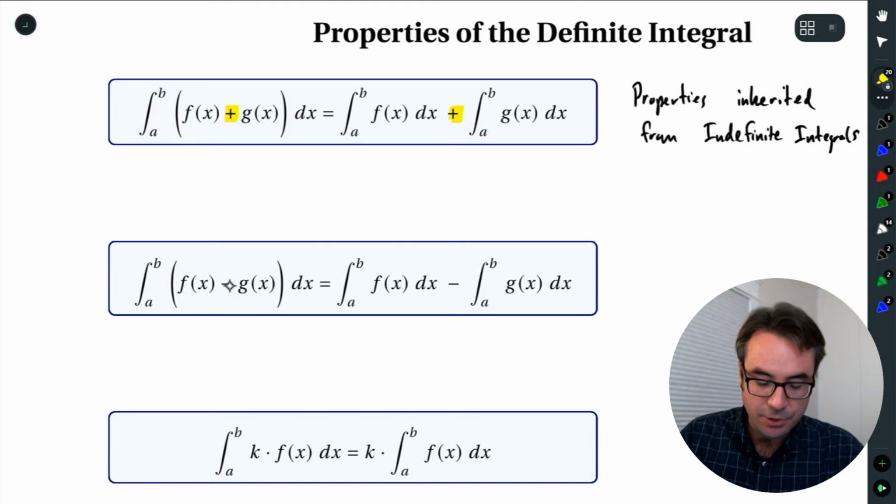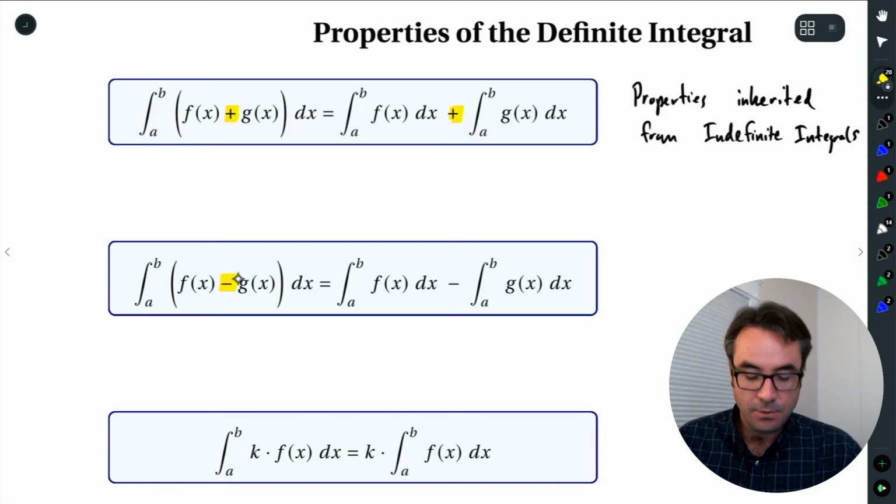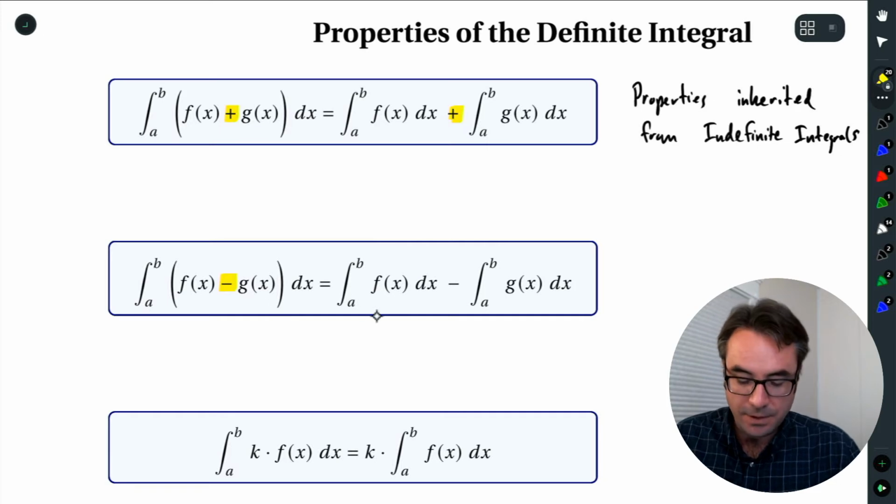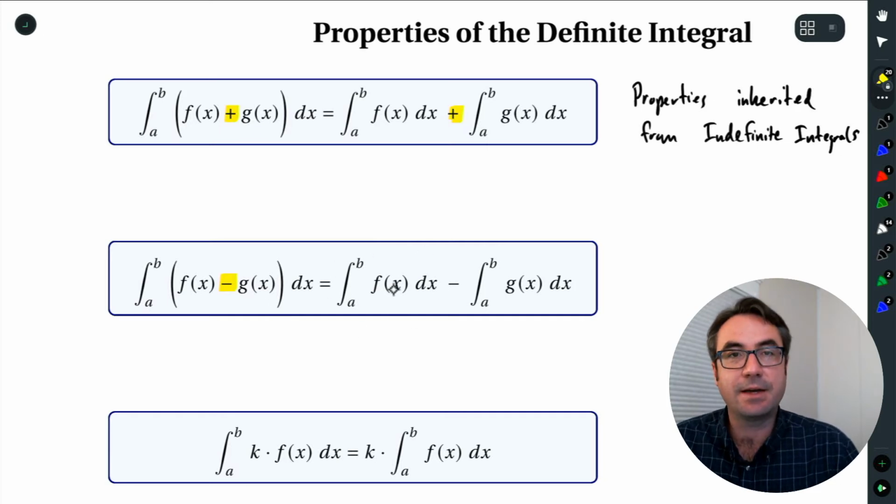Same thing goes for subtraction. If we're integrating f of x minus g of x from a to b, instead of integrating this entire function, we can focus on just integrating f of x from a to b, focus separately on integrating g of x from a to b, and then just subtract the results.